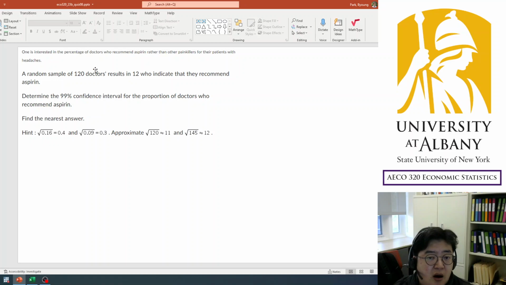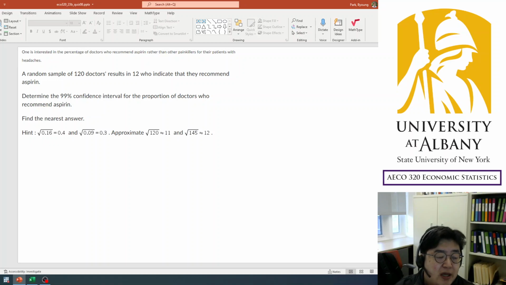So among 120, only 12 doctors recommend aspirin for headache. Determine the 99% confidence interval for the population of doctors who recommend aspirin, and find the nearest answer. I gave you some approximations because you need to choose one of the options.